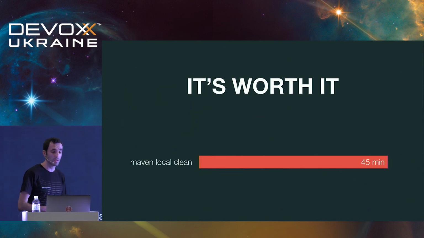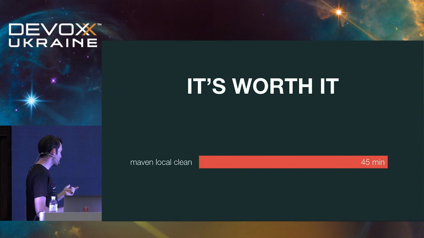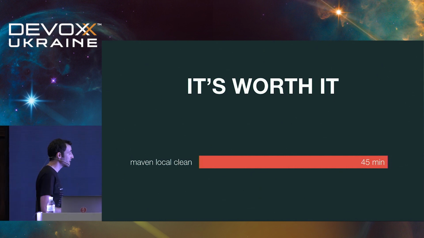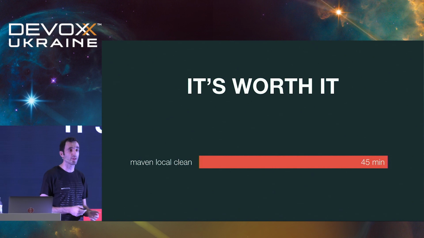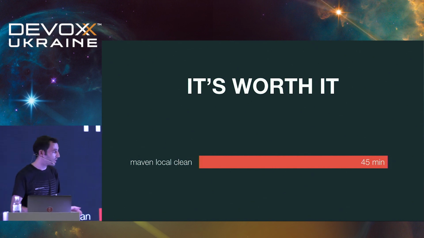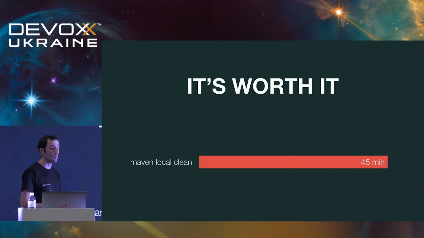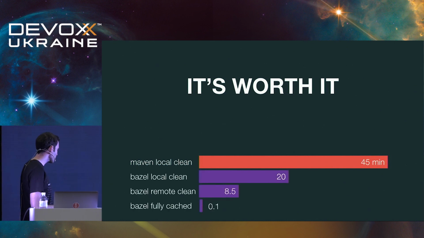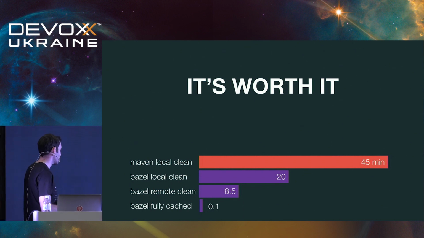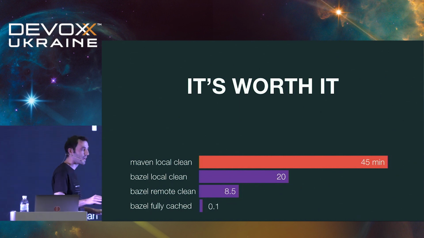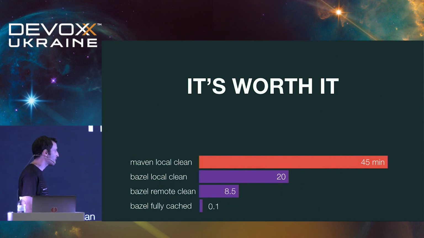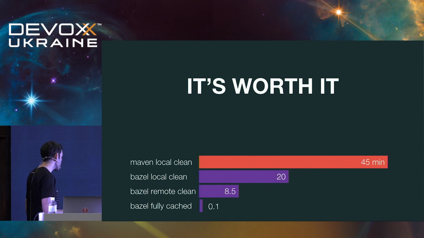So, for instance, you can see here that one Maven local clean build on one of our repositories at Wix backend takes 45 minutes on your local machine. And with just switching over to Bazel and having your local clean run, so there's no cache hit whatsoever, it's already much better performance.